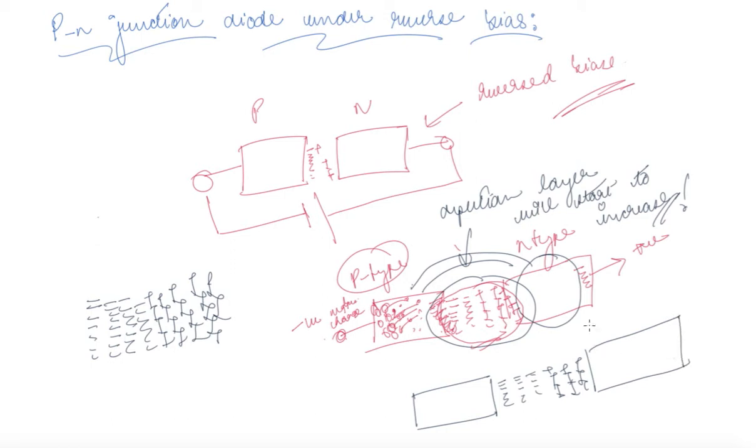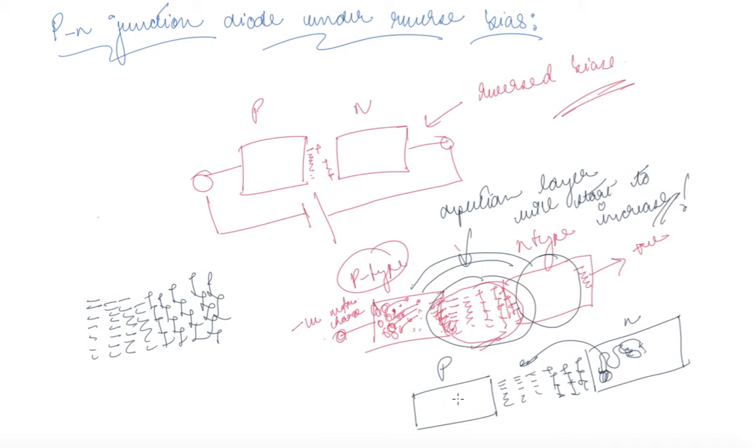Now the electric field so formed in this arrangement is such that, if this is N and this is P, we know there are electrons and there are holes present, in random motion. Suppose a hole comes over at this point, it will be swept over to the other side.